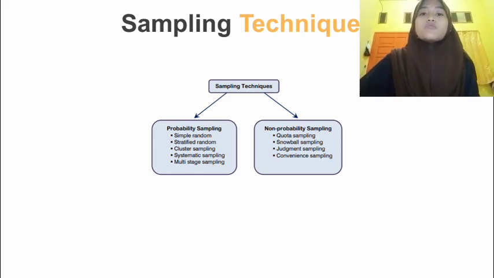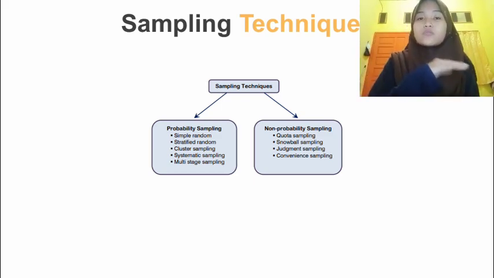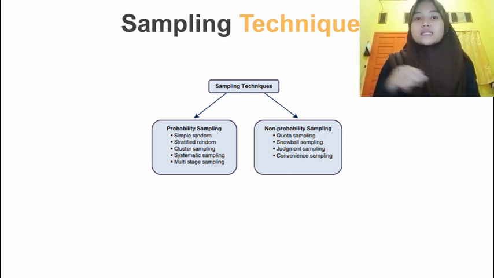The second one is stratified random sampling, which means that we choose randomly, but before that we make subgroups of the population and then randomly choose from that strata or subgroup. And the third one is cluster sampling, which means we divide the population into groups or clusters and then take a random sample from the cluster itself.